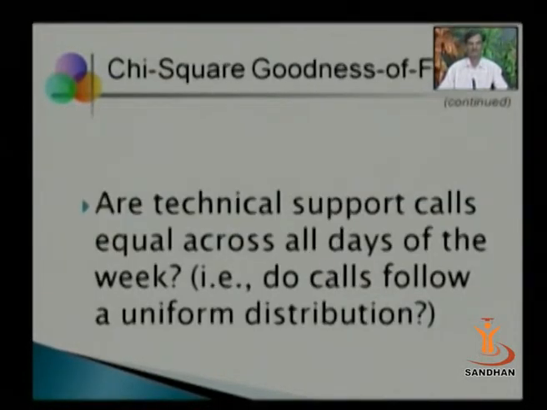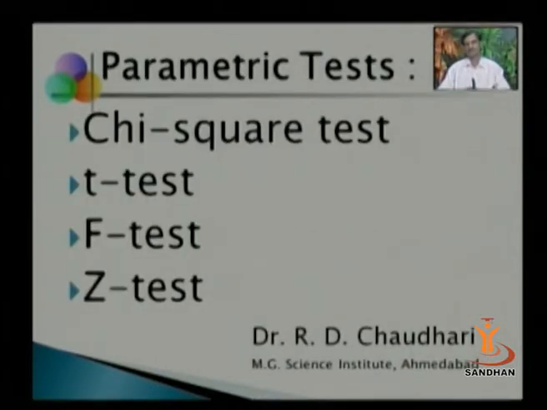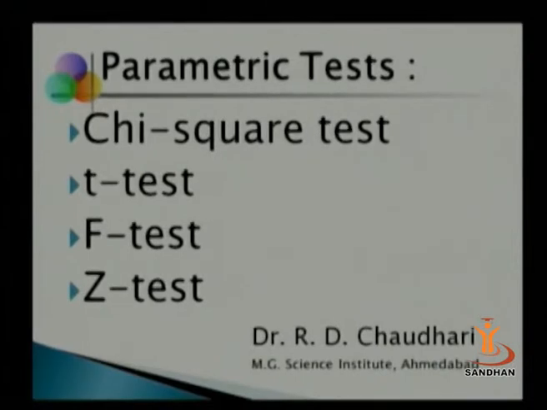One can derive the chi-square test, t test, F test and Z test from the normal distribution. So this is about the application of the chi-square distribution, which is a continuous distribution, for testing of hypothesis.